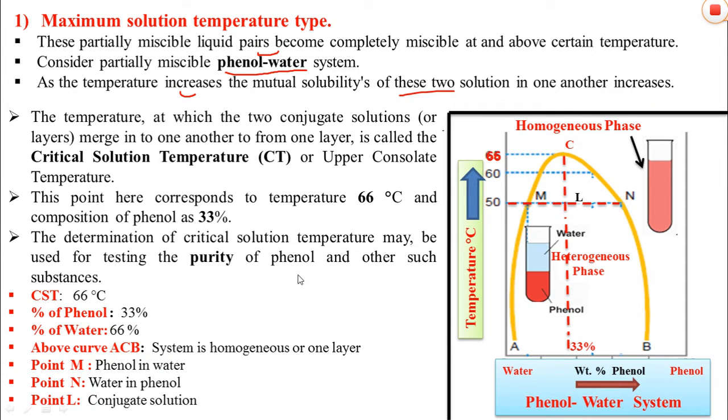In the first type, the maximum solution temperature type, liquid pairs become completely miscible at and above a certain temperature. Therefore, this is called the maximum solution temperature type. For example, the phenol and water system. In this system, as the temperature increases, the mutual solubility of these two liquids in one another increases.